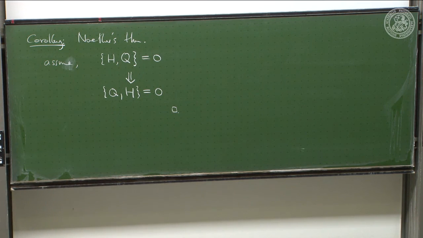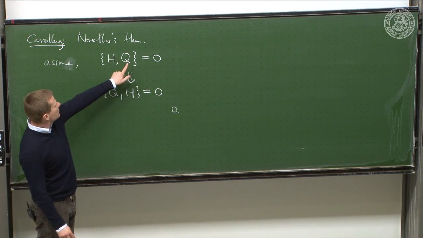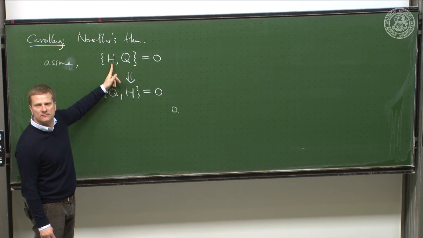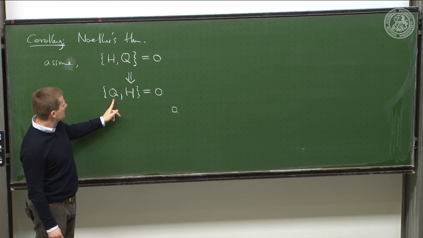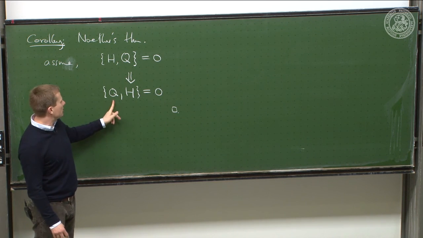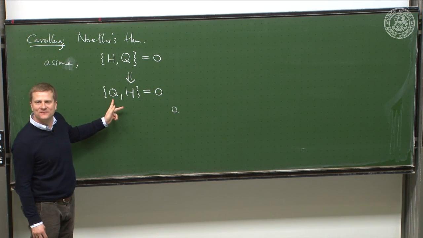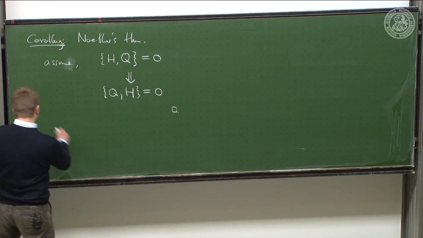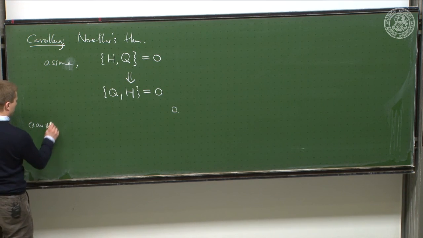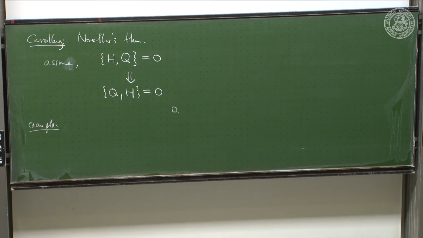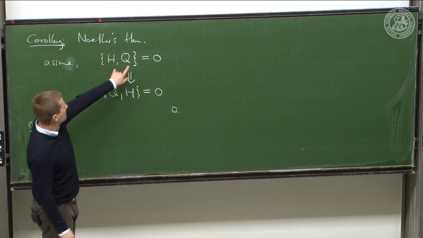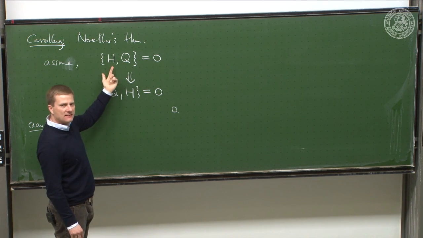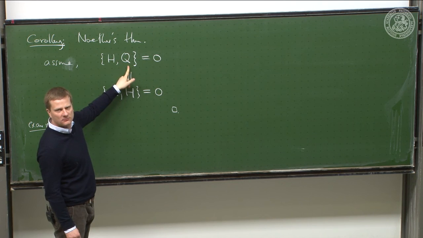Why? What does it mean? Well, this means that Q is conserved under the flow of H, and this means that H is conserved under the flow of Q. And that's Noether's theorem. If one observable is conserved with respect to the flow of the other, then the other is also conserved with respect to the flow of the one.